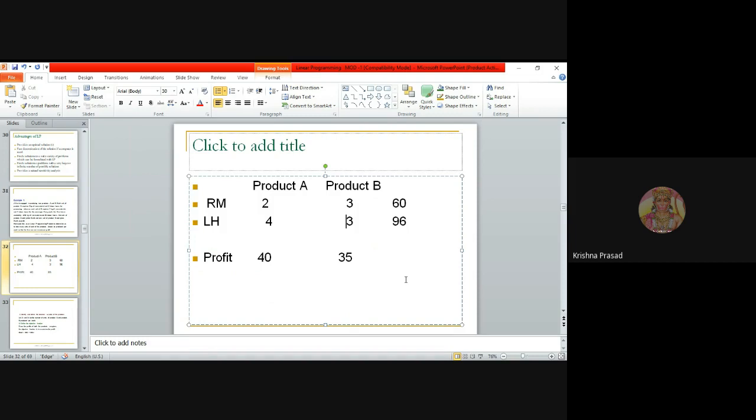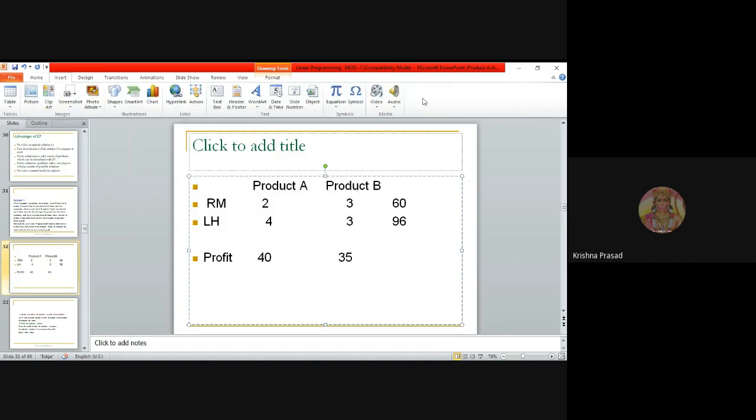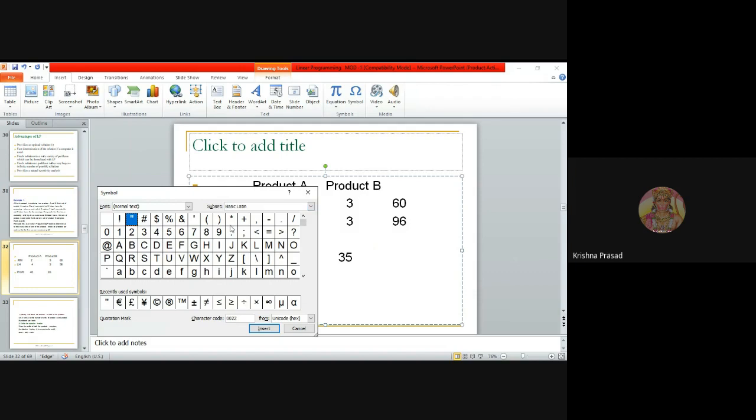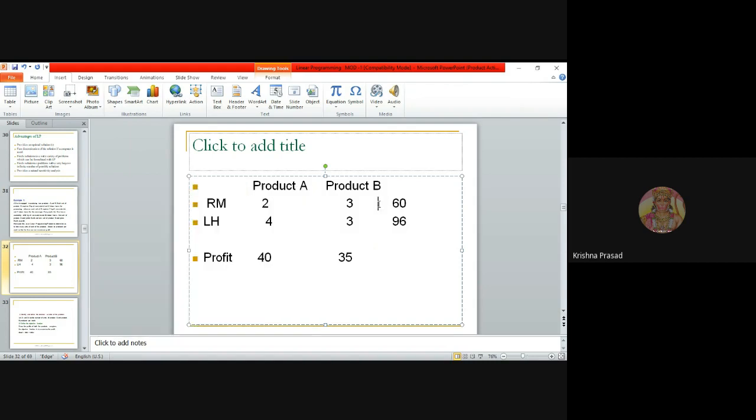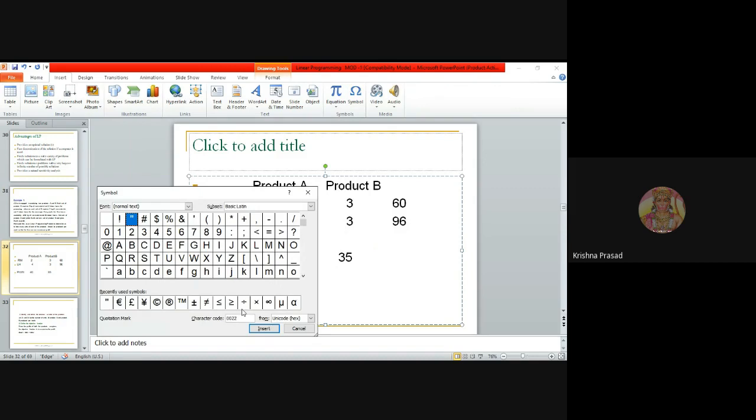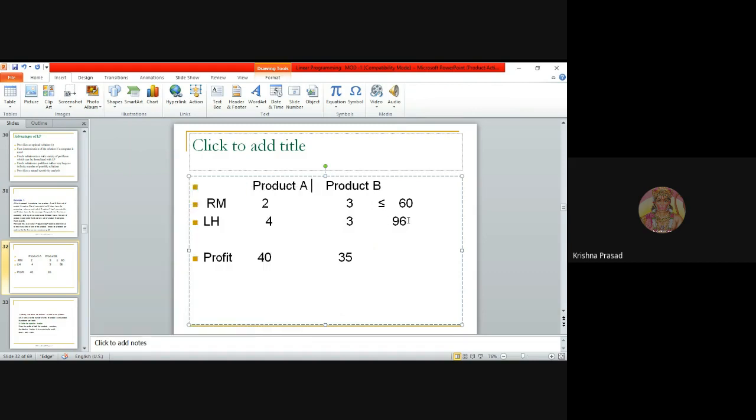Yes, sir. So what you wanted to write, you must write the symbol, that is less than or equal to. This one symbol you must write here, and here also you must write the same symbol, less than or equal to.